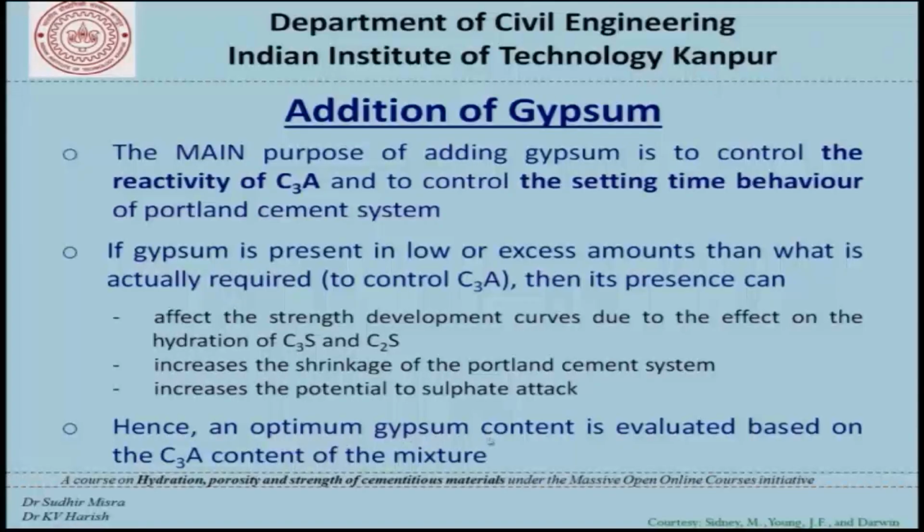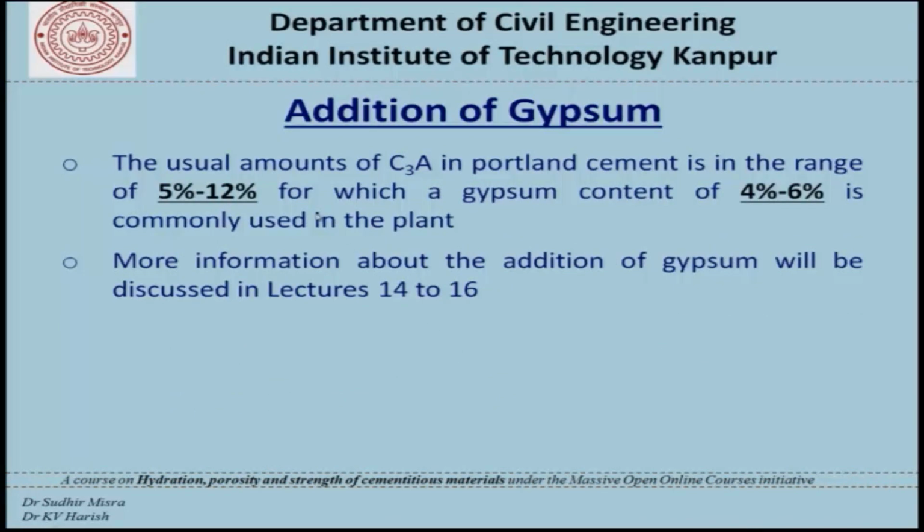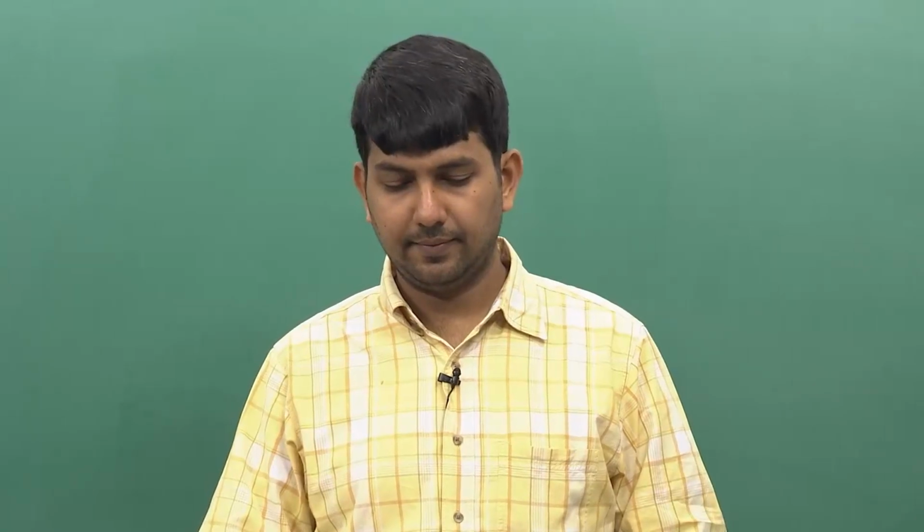Hence, an optimum gypsum content is required, and it is usually evaluated based on the tricalcium aluminate content in the mixture. The usual amount of tricalcium aluminate in Portland cement is in the range of 5 to 12%, for which the gypsum content is in the range of 4 to 6%, and hence this quantity is commonly used in the plant. More information about the addition of gypsum will be discussed in lectures 14 to 16.